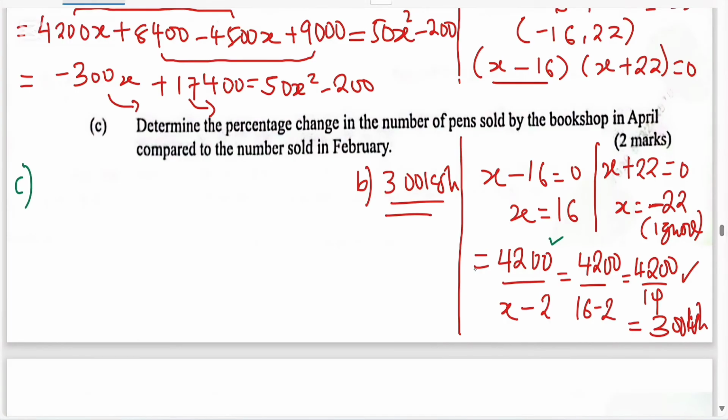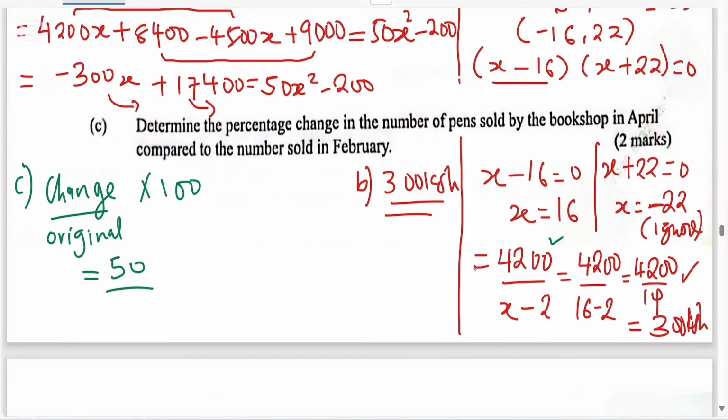Therefore, if you want to get percentage change, take your change, divide by your original amount or the amount that you're comparing with, multiply by 100. So your change is 50. Divide by your original or the number that you're comparing with, the 300. You're comparing it with the numbers sold in February. Multiply by 100.